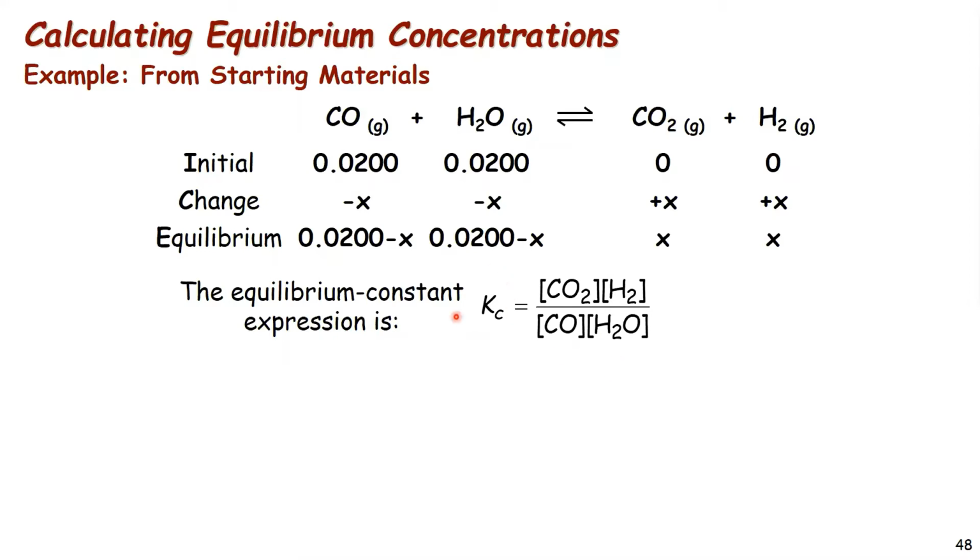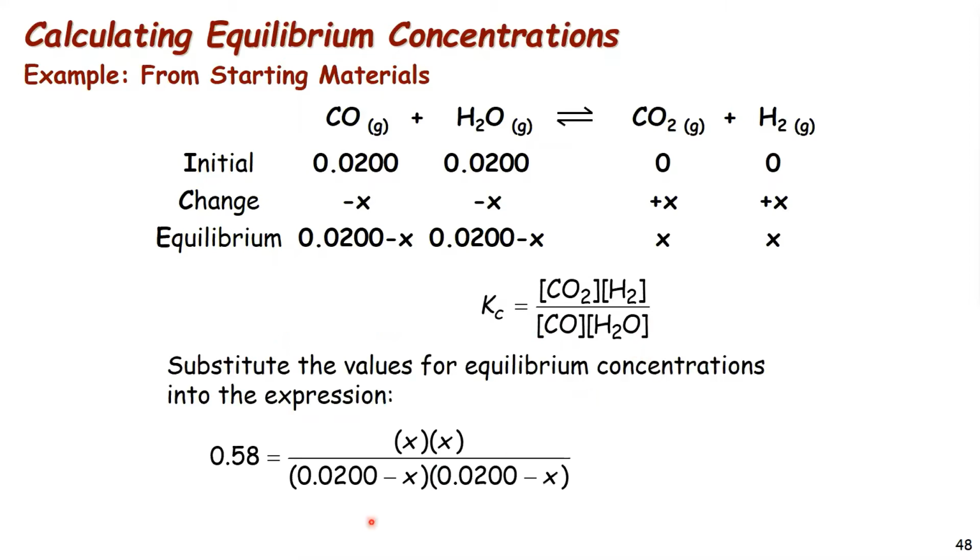Now, I already know the equilibrium constant. It was given to us in the question. I think it was 0.58. And then here are the equilibrium concentrations that we're going to plug into our values here. So there's our 0.58. Here was our CO2 at x, our H2 at x, so that's x times x. Then our CO was 0.02 minus x, and the H2O was 0.02 minus x.